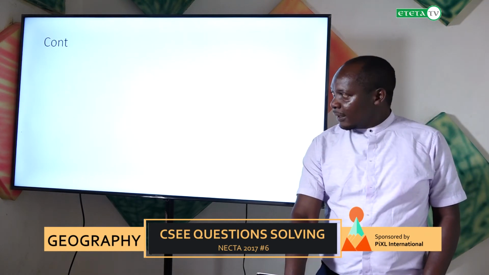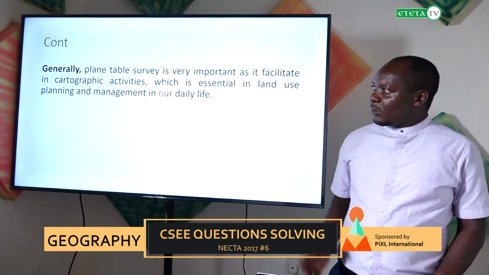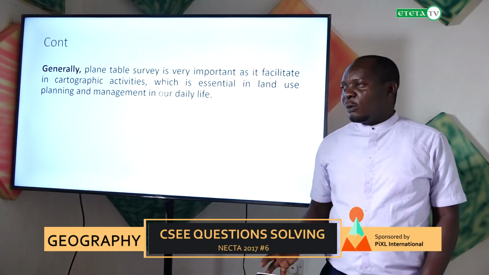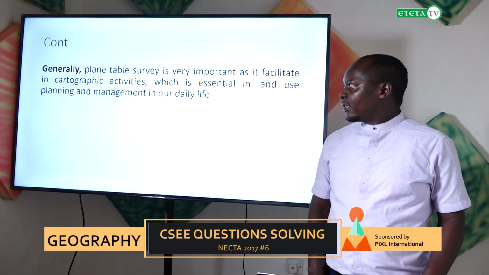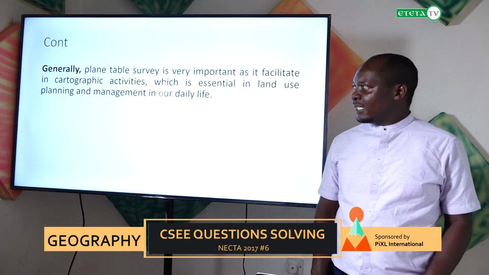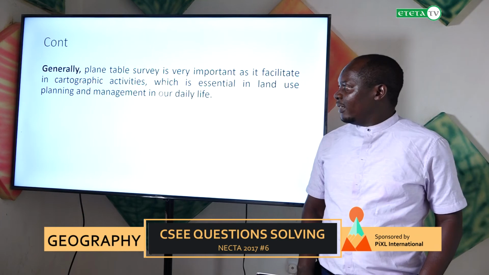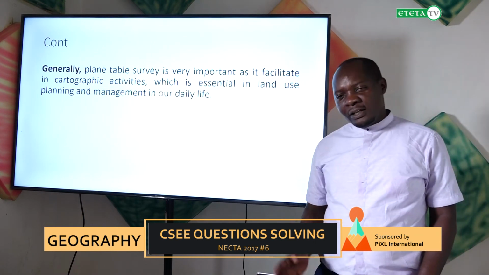Now, the last part of the question is to give a concluding remark. So a student can conclude by saying the plane table survey is very significant, very important, as it facilitates the cartographic activities, which are essential in land use planning and land management in our daily life.